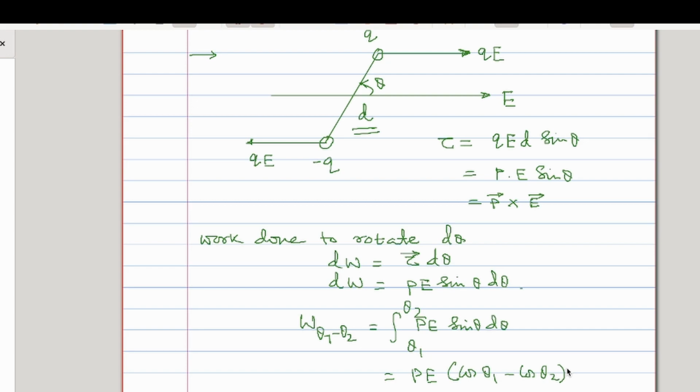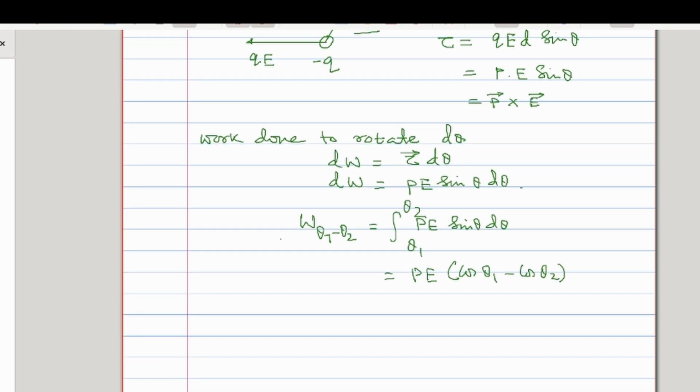So this is the change, and we can also define that work done to rotate from theta 1 to theta 2 in the presence of the electric field is nothing but U theta 2 minus U theta 1. What is U theta 2?